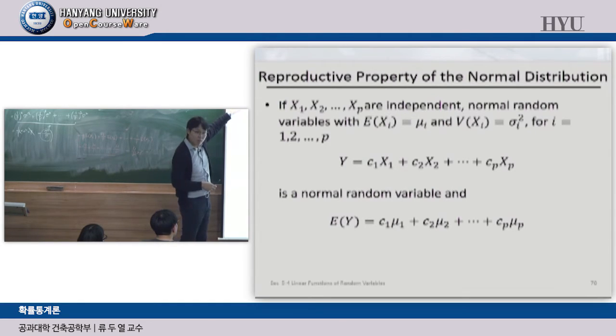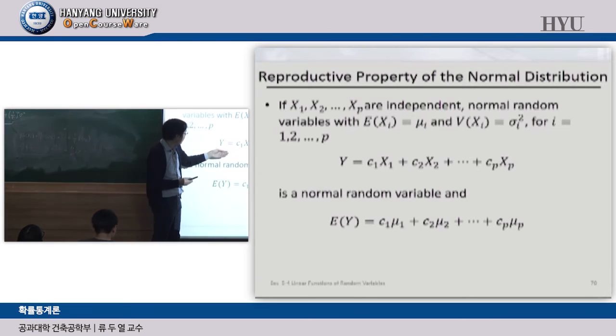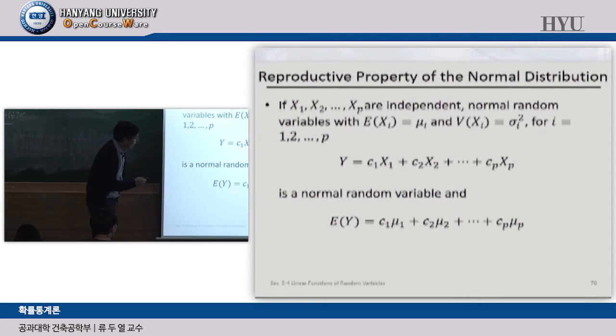So if the random variables are following the normal distribution, and we have a new random variable y that is a linear combination of all these random variables, we can assume that y is also following the normal distribution. In that case, the mean of y is equal to c1 mu 1 plus c2 mu 2 plus up to cp mu p.